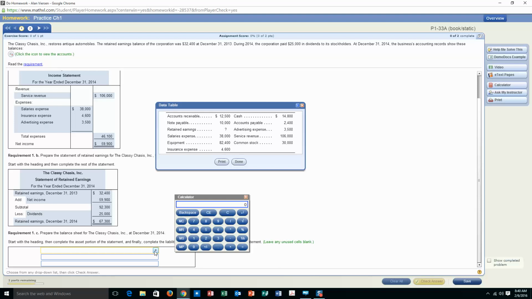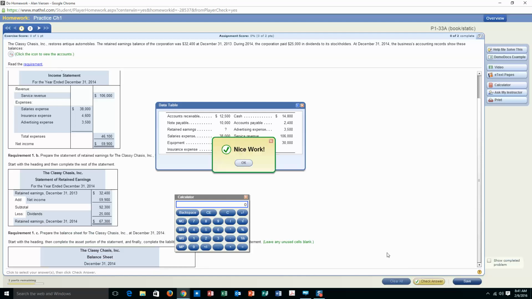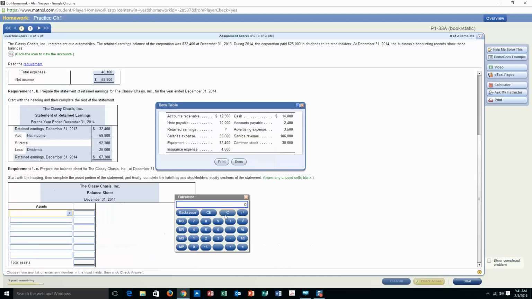Okay, balance sheet, same idea. Begin with the name of the company. It's a balance sheet. Balance sheets differ because they are actually for a specific date. So it would be December 31st. Check my answer. Nice work.